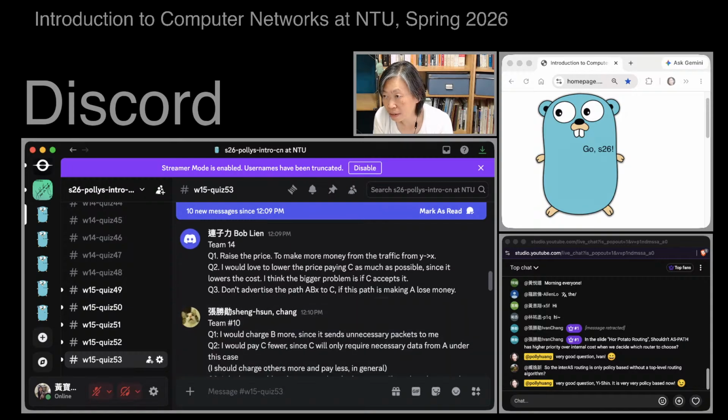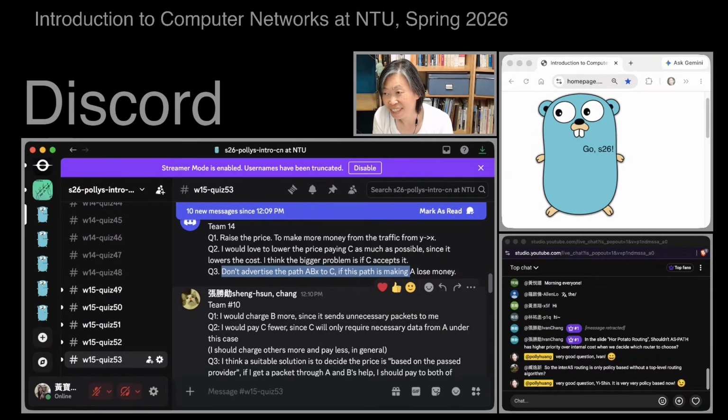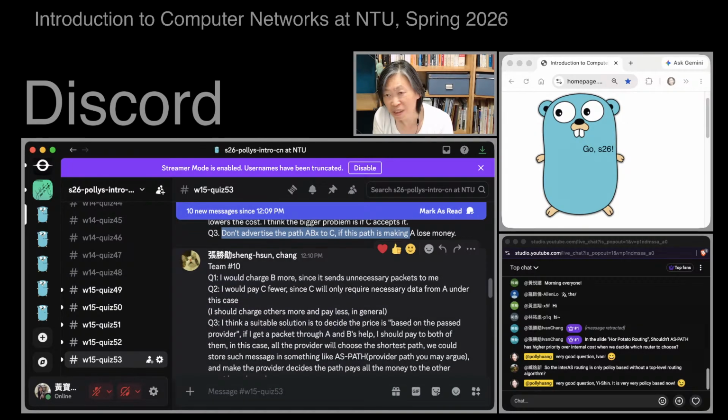Okay, let's see. Team 14 also discovered there's a technical solution to this problem. So what do you think? If you are A, would you prefer the business solution or the technical solution?